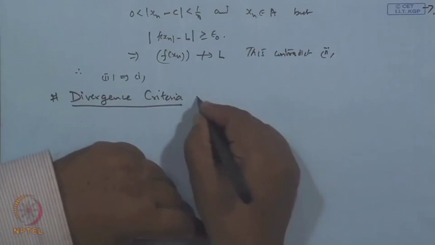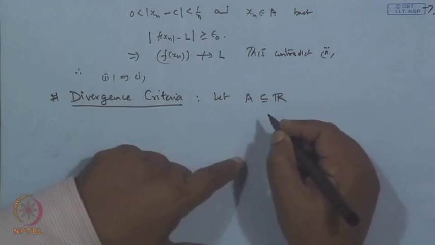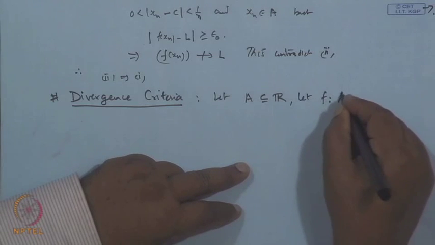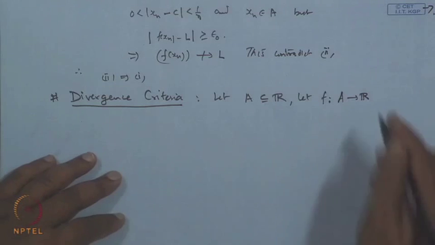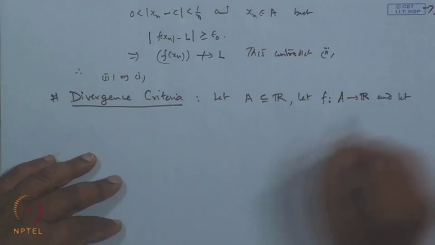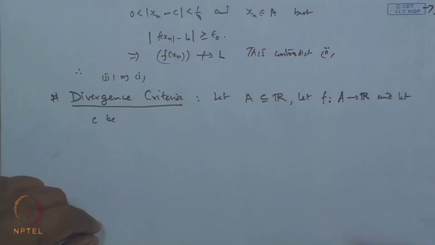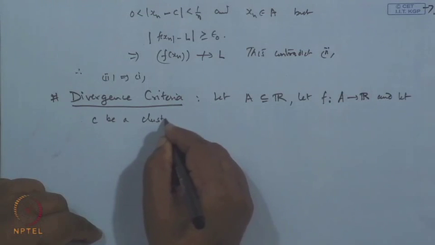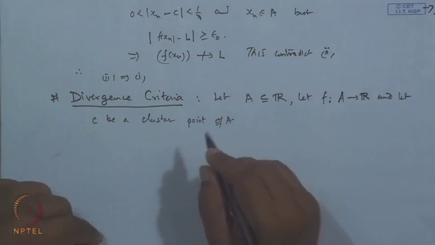Let A be a non-empty subset of R, and let f be a mapping from A to R, and let c be a cluster point of A. Okay.